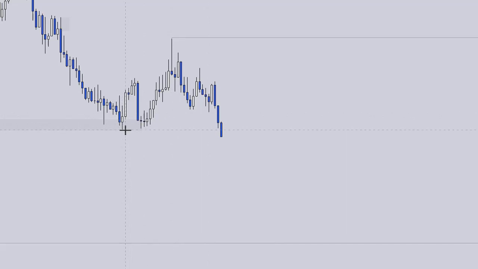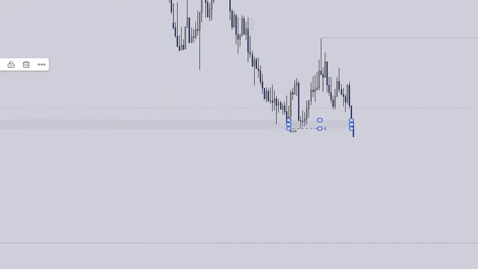By doing that, you will always catch good trades. It is very important to know where the money is flowing, always working with the trend of the market. That will really help you in always catching good trades.